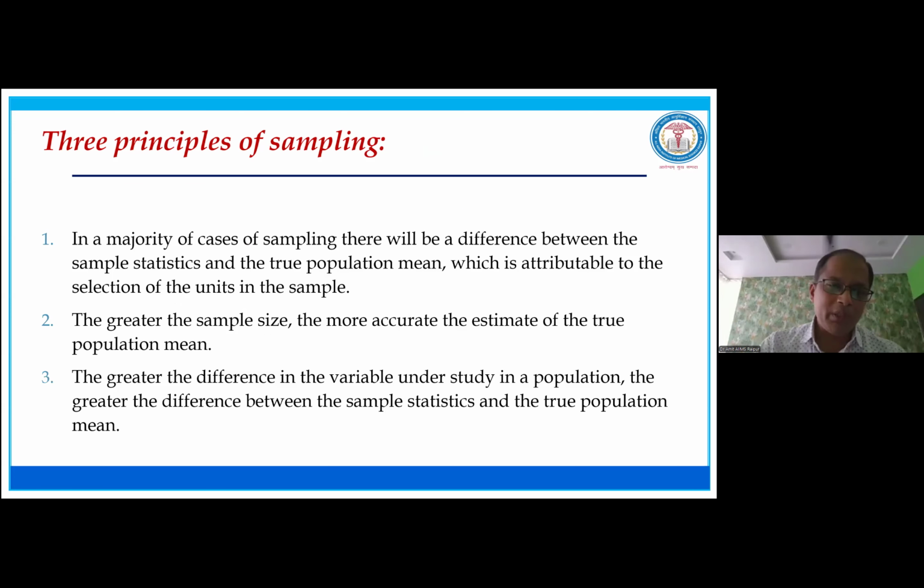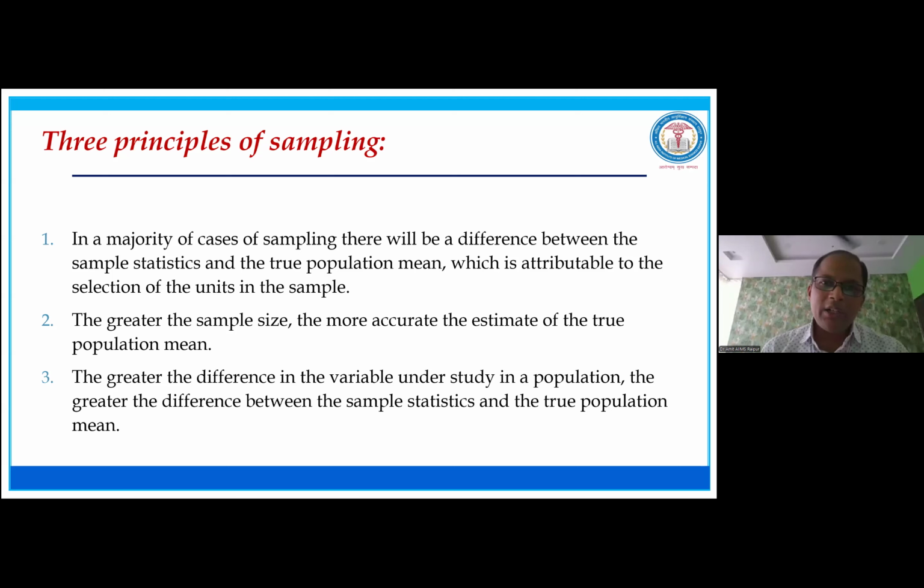We have to remember the three principles of sampling. The first is we are not including the total target population or reference population in our study. We are just including a part of it. So because we are including a part of it, there is always a difference between the sample statistics, the findings which we get from the sample, and the population mean or the population parameters.